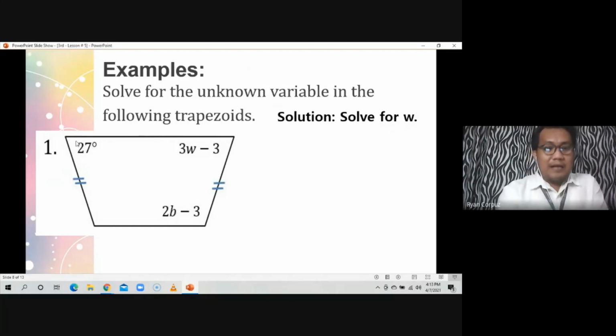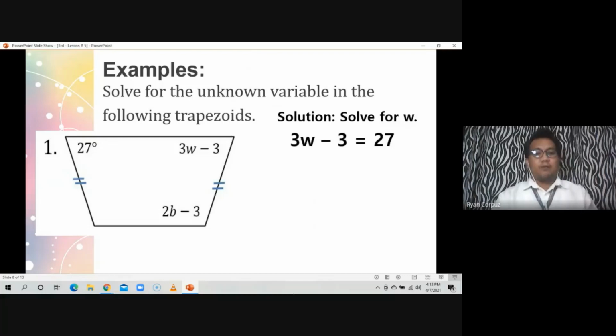So this angle, together with this angle, ang relationship nila is that they are base angles of an isosceles trapezoid. Since they are base angles, according to the property, base angles of an isosceles trapezoid are congruent. By knowing that property, we can think of a way to solve for the variable W. That is by equating these two, because again, base angles are congruent.